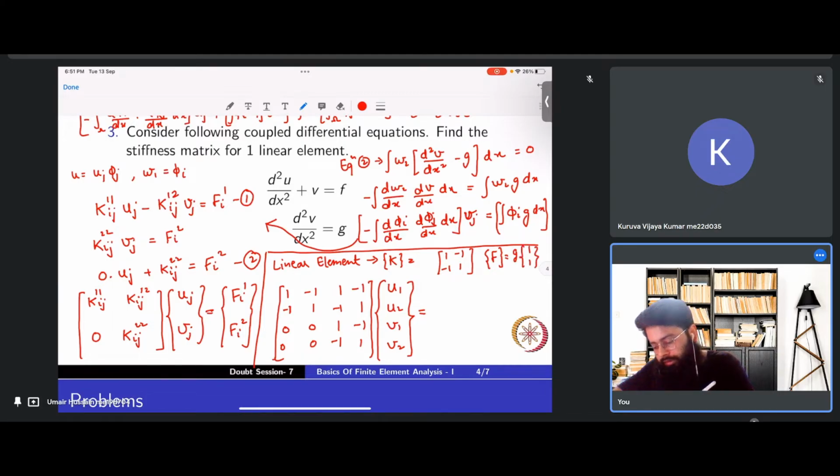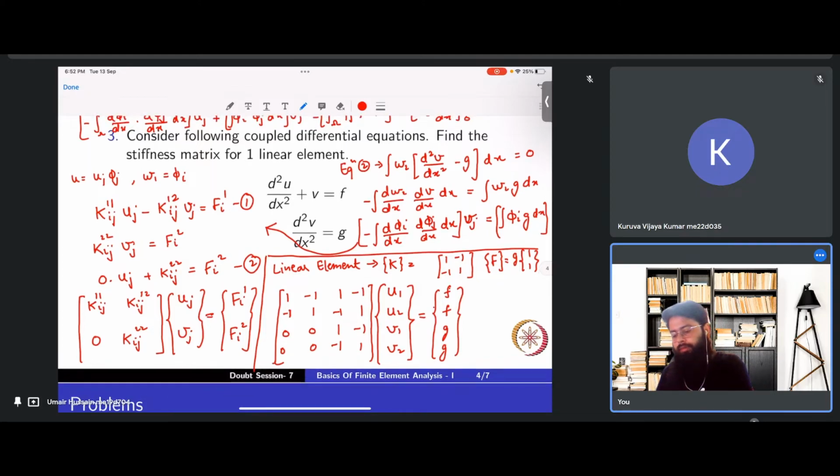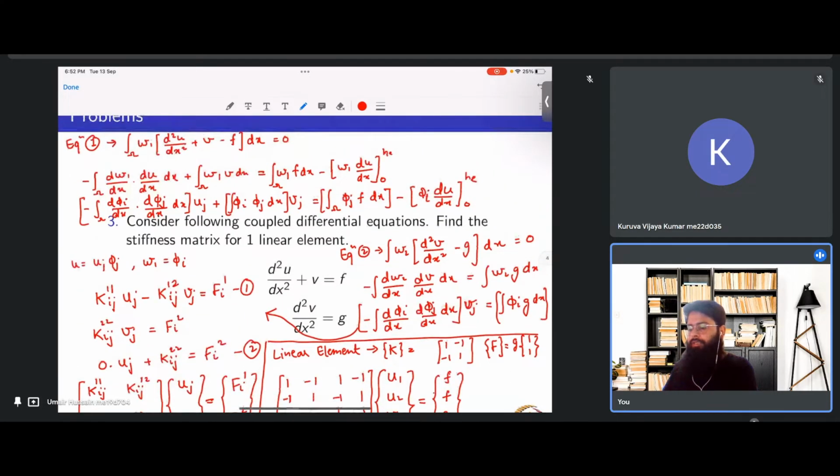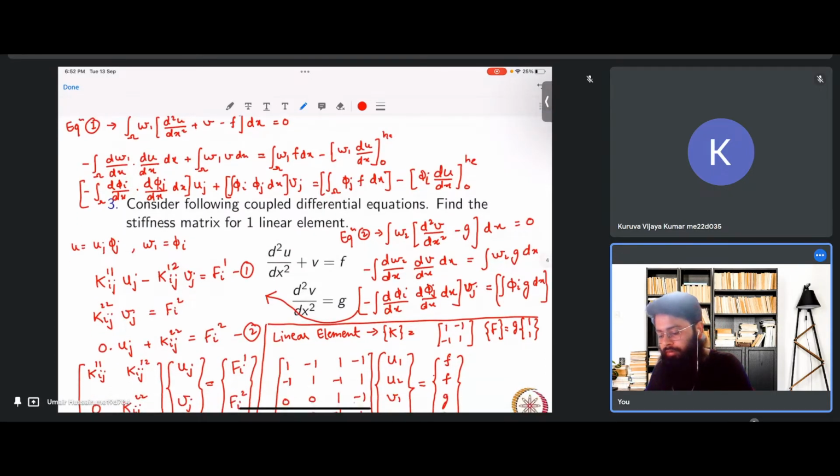So we'll just write it like this. Since the function is different for each one, this should look like f for the first one and g, considering both are constant functions. So this should be the final matrices and vectors. The final equation should look something like this.